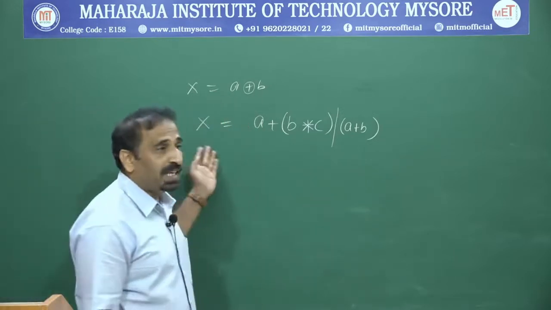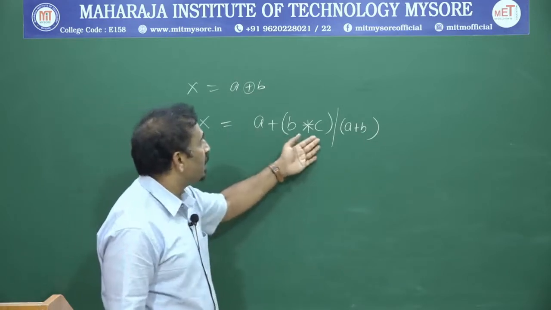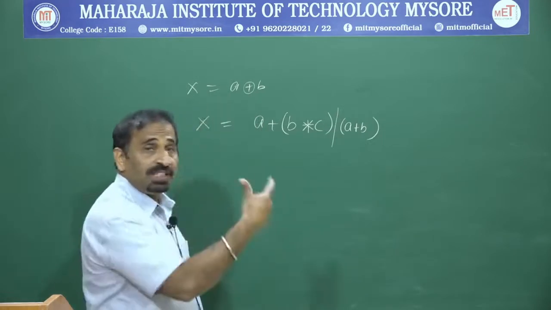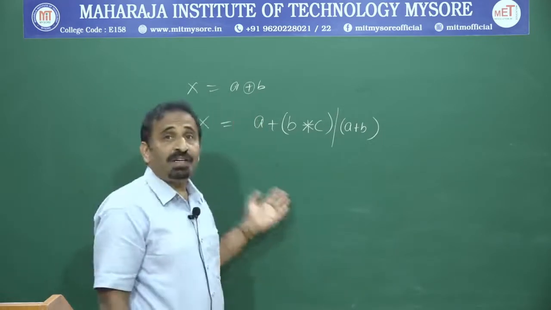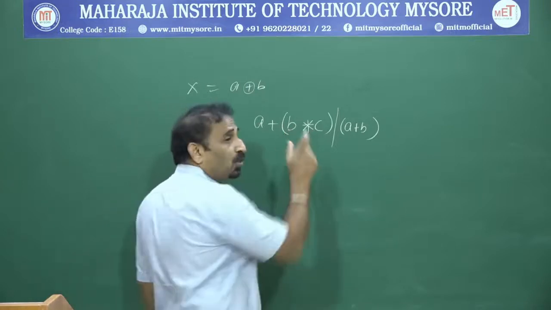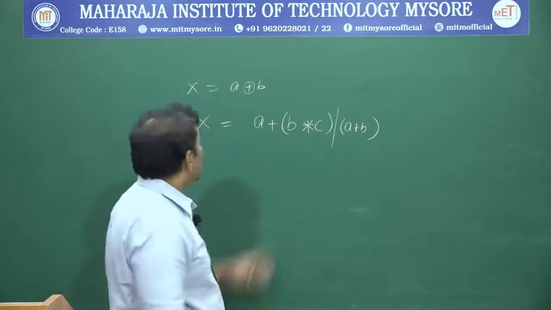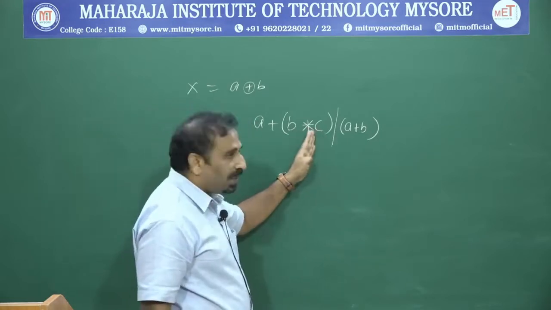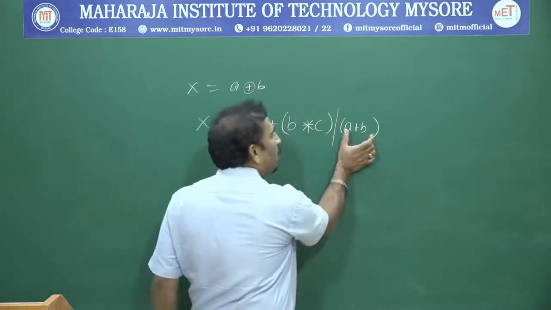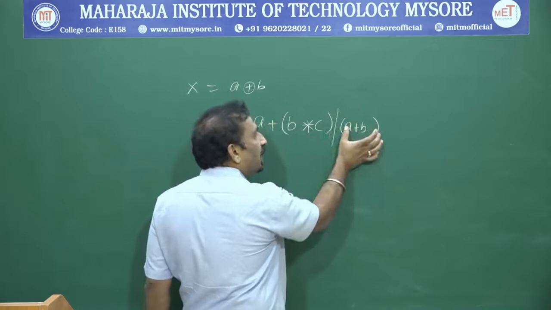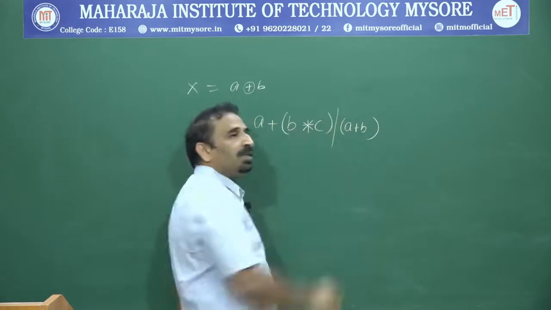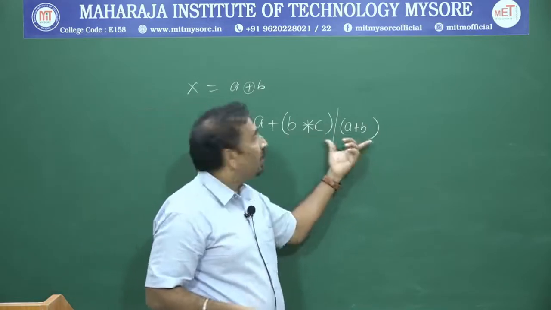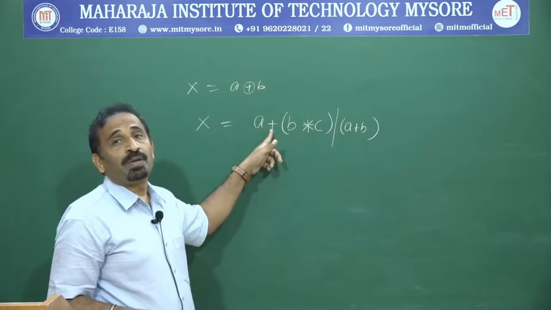If I write an expression x is equal to a plus b star c divided by a plus b, as and when you see this equation, all of you are very familiar that b and c are to be multiplied first, and then added. Whatever resultant you get, you need to divide that by a plus b, and to that you are adding a, right.